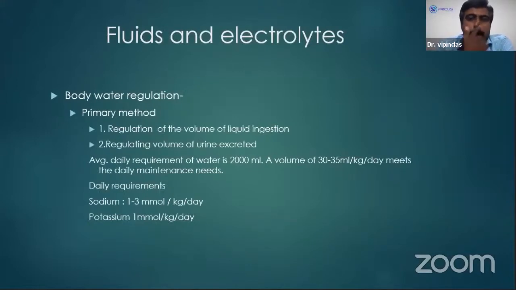So how are fluid and electrolytes balanced in our body? That is by the water regulatory method. That is the primary method, the regulation of the volume of liquid ingestion and regulating the volume of urine excreted. The total daily requirement for water is around 2 liters, that is around 2000 ml.